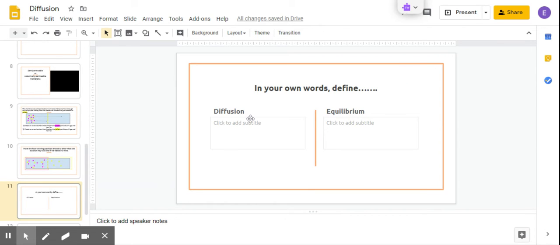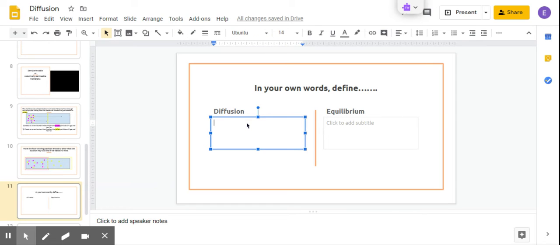So diffusion, we can pull this one right from the start. This was the movement of particles from an area of high concentration to an area of low concentration.